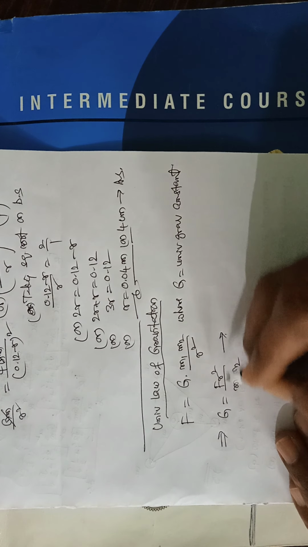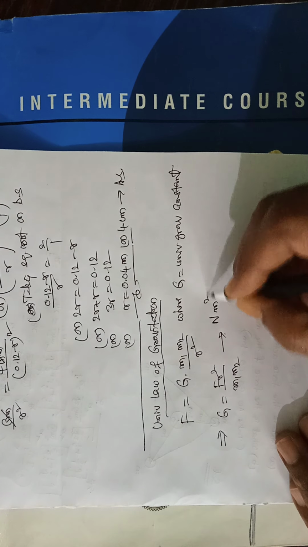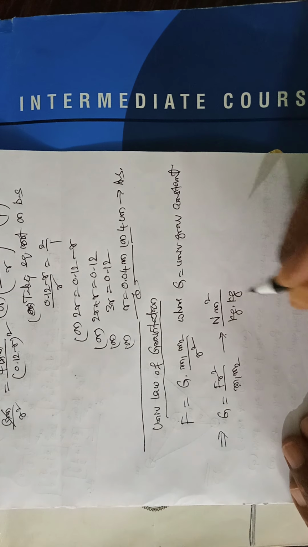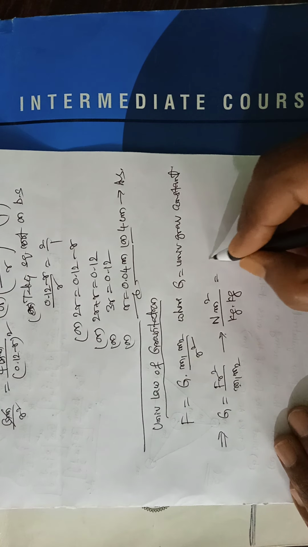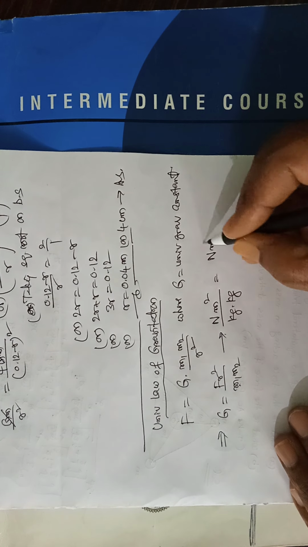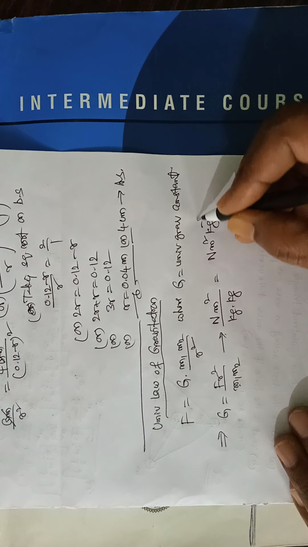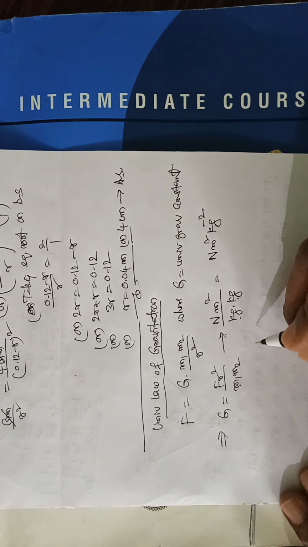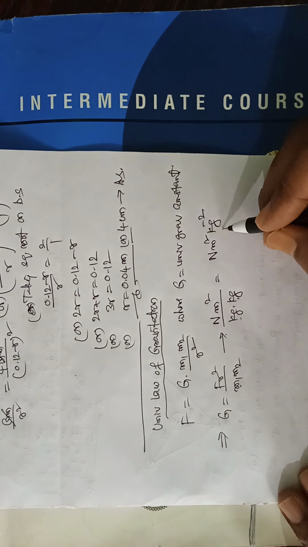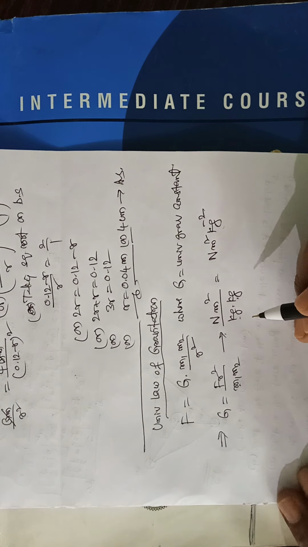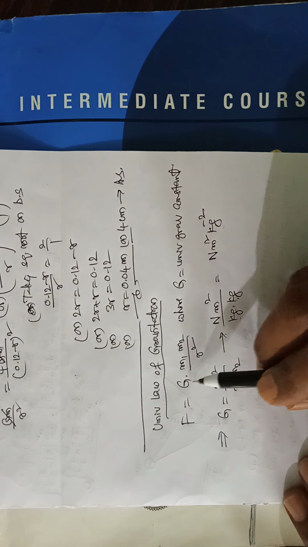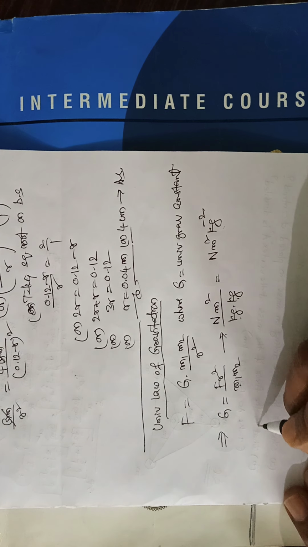Now force is measured in newtons, distance is measured in meter, mass is measured in kg. So Newton meter square kg power minus 2, kg into kg, kg square, taken to the numerator, kg minus 2. This is the SI unit for G.